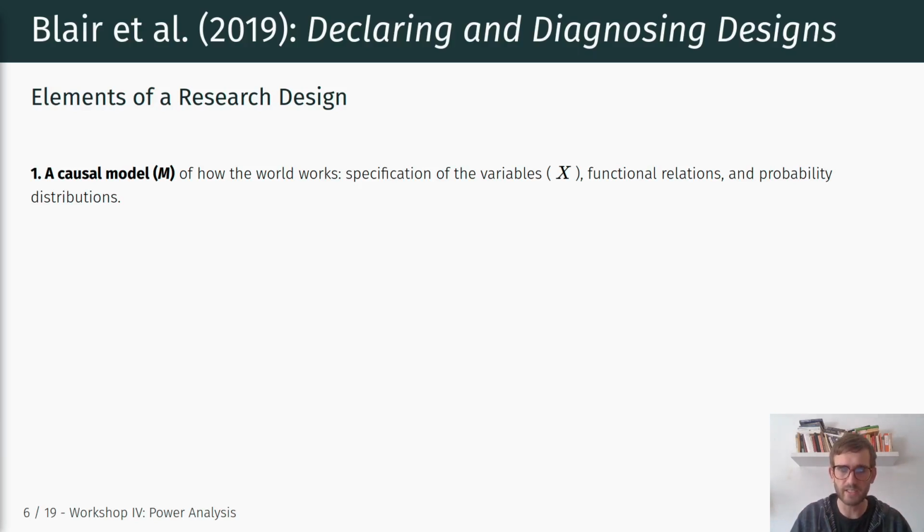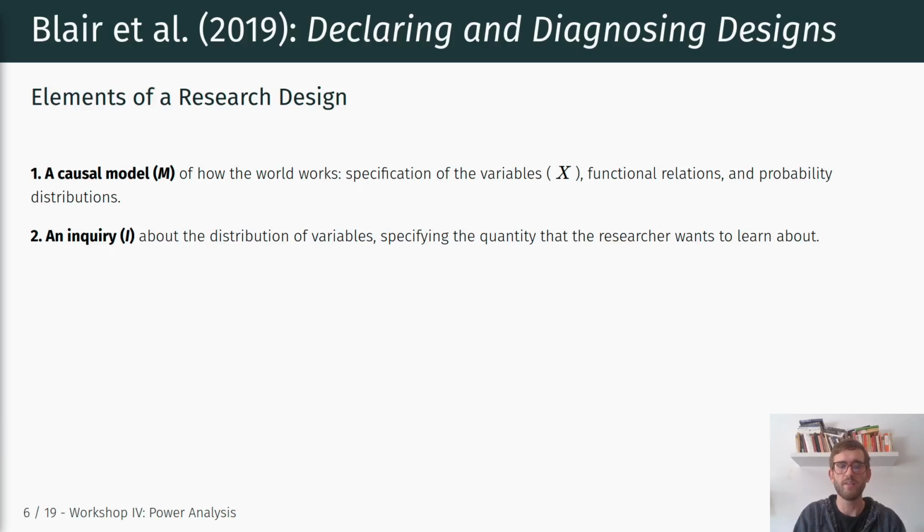That's the underlying true data generating process, which includes a specification of the variables that are included, their functional relations, as well as the underlying probability distributions for exogenous variables. For endogenous variables, we also specify how these endogenous variables are dependent or influenced by other exogenous factors. Okay, so this is the complete data generating process.